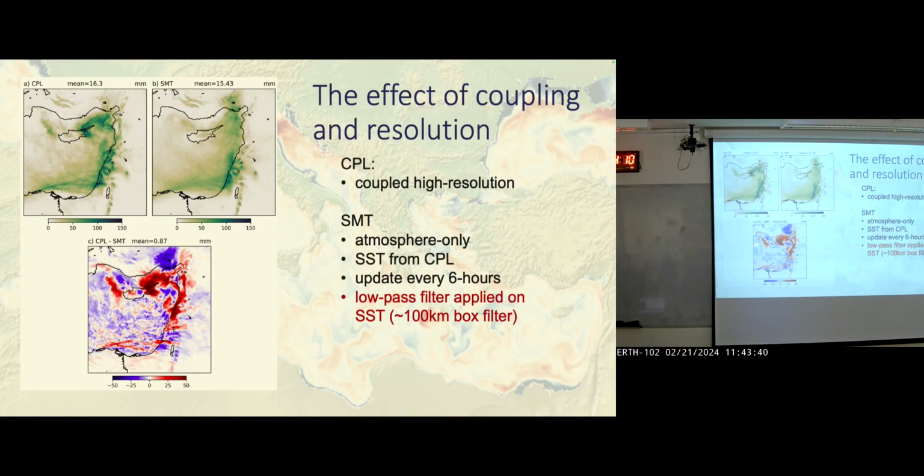In the coupled simulation we have more precipitation next to Cyprus. In the atmosphere only, in the smooth, we get more precipitation over Turkey. And also in Israel, we see more precipitation in the south and the north coastal plain, and less precipitation in the central coastal plain.